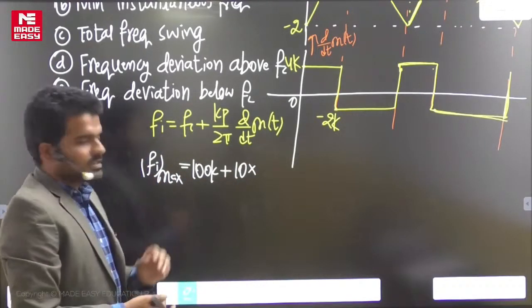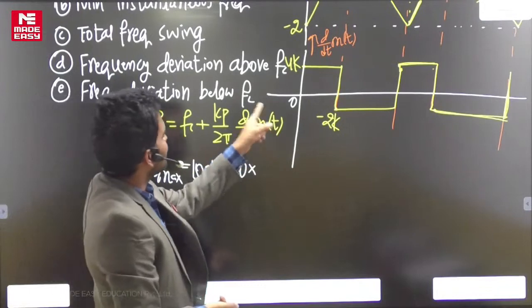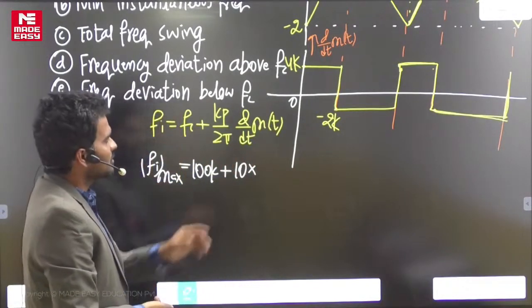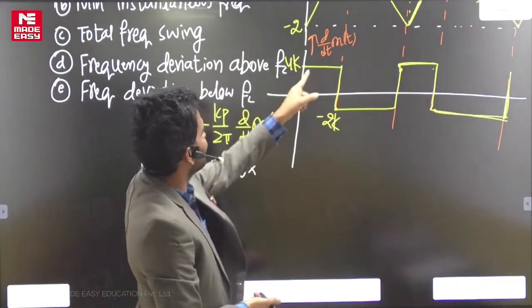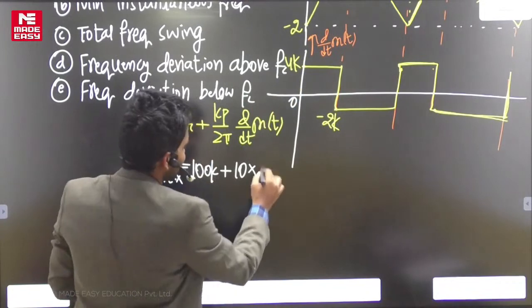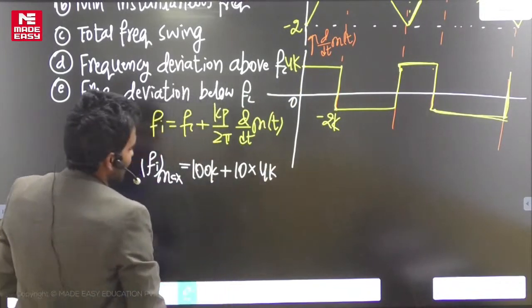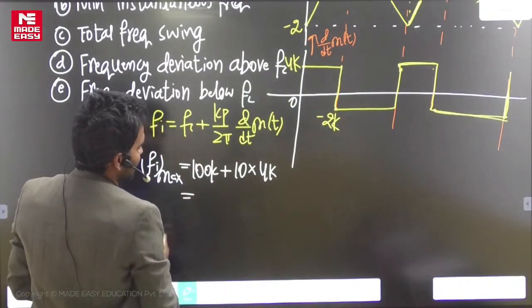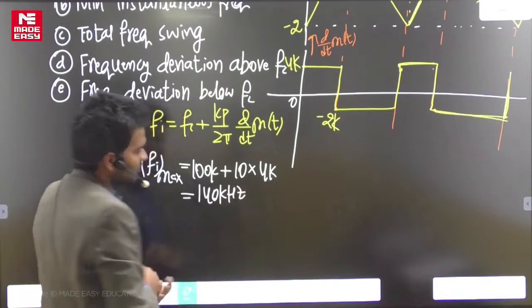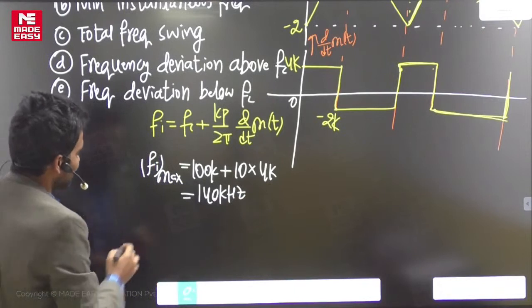To get fi max, the differentiation of m(t) must be at its maximum positive peak, which is 4 kilohertz. So this is 100k plus 40k, which is 140 kilohertz. This is the maximum instantaneous frequency.